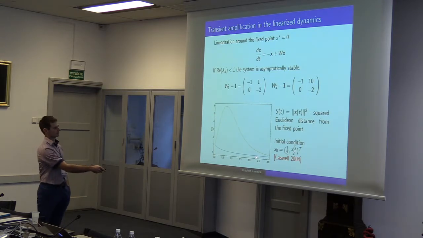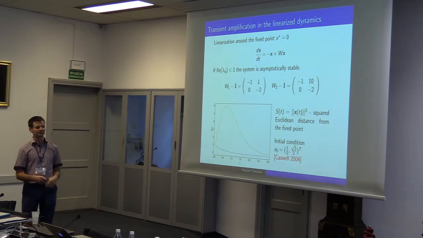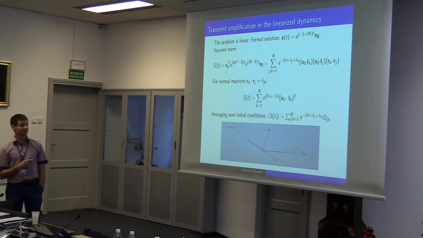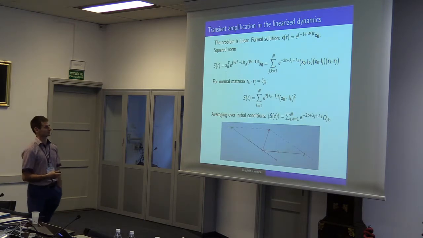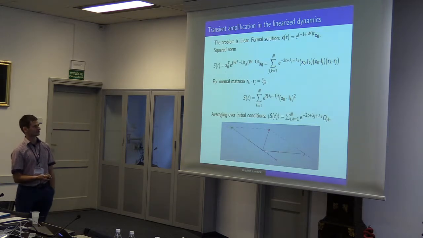So the long time is indeed captured by these eigenvalues, so the slope is the same. Long time, yes, exactly. So as Reimer has pointed out, the problem is very easy to solve by matrix exponential. And looking at the squared norm of this solution, we get a product of two exponents.